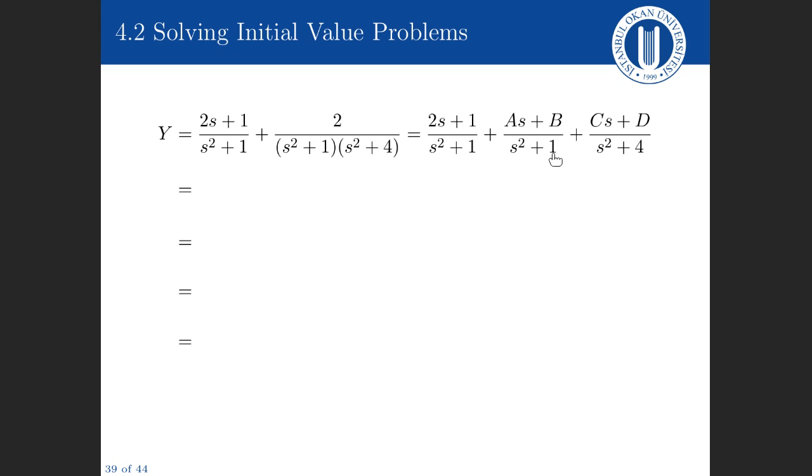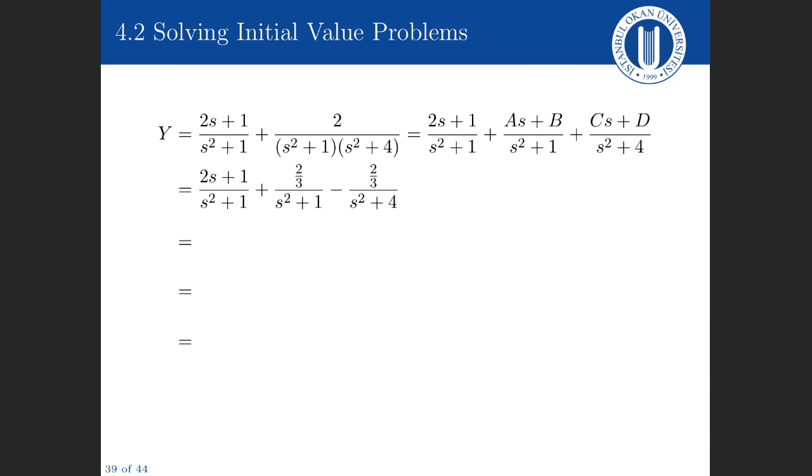Because s squared plus 1 is a second degree polynomial, on the top there must be a first degree polynomial. And again, because s squared plus 4 is a second degree polynomial, on the top I must go down, decrease 2 by 1 to get a first degree polynomial.